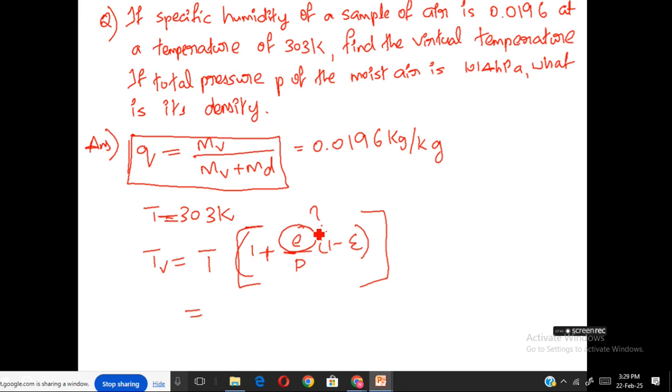So what we have is the value of specific humidity. So from the value of specific humidity, we have to find the value of vapor pressure. The specific humidity, as I told, is defined as mv by mv plus md.